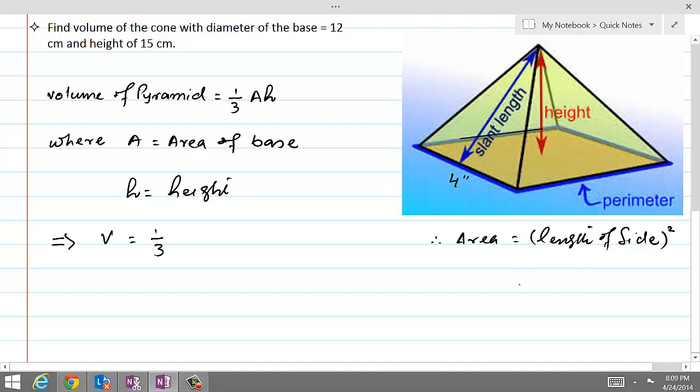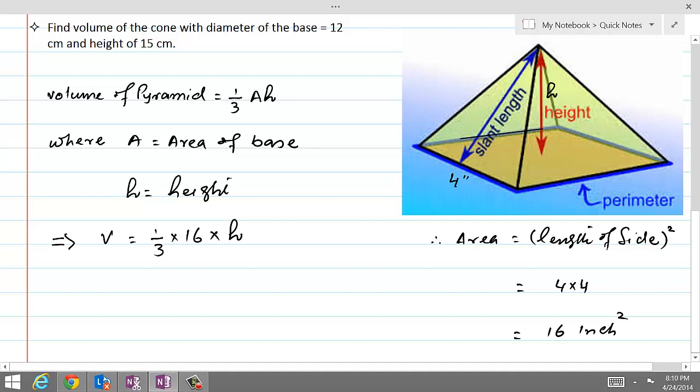This would be 4 times 4, equal to 16 square inches. So here we can simply write 16, but H, the height, is not known. We don't know what the height is.